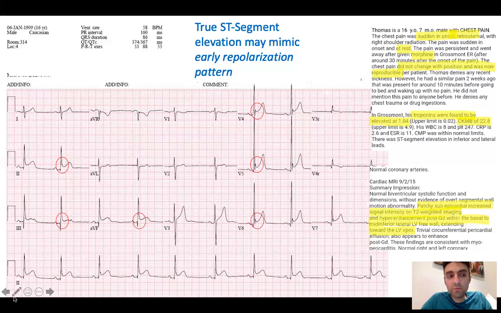So this patient had true perimyocarditis that is very much mimicking an early repolarization pattern. So history is very important. If your history is very benign and you see such an ECG, you may call it early repolarization. But if history is suspicious, regardless of the ECG finding, feel free to order troponins and make sure there's no myocarditis.